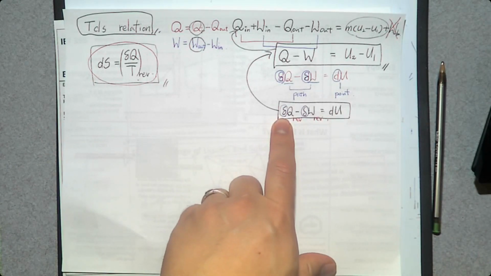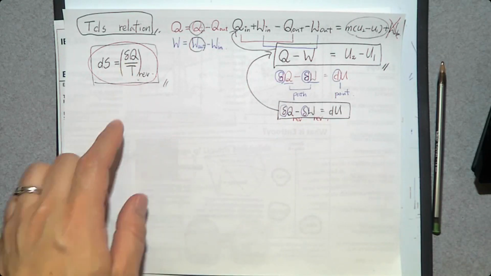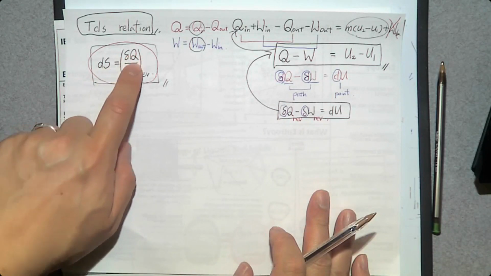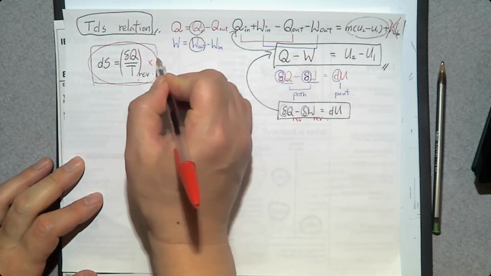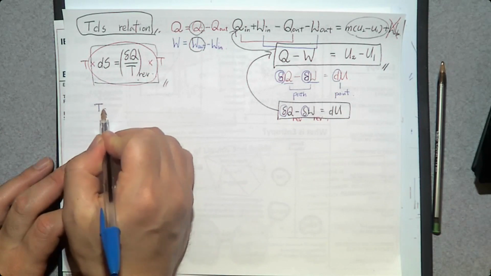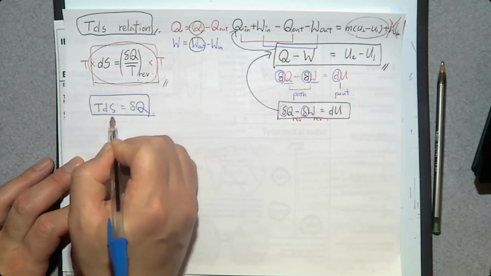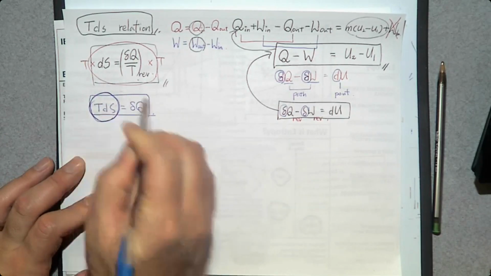Is there any way? Is there any equation that has del Q? Yes, there is one. This one. dS is del Q over T. So if you multiply by T, what do you get? TdS is del Q. Now you see TdS.